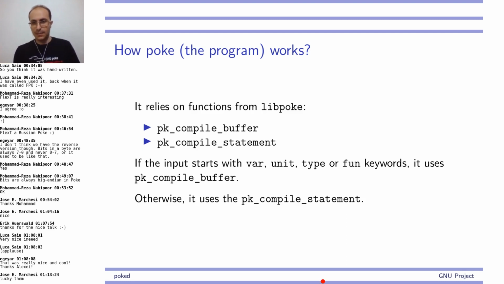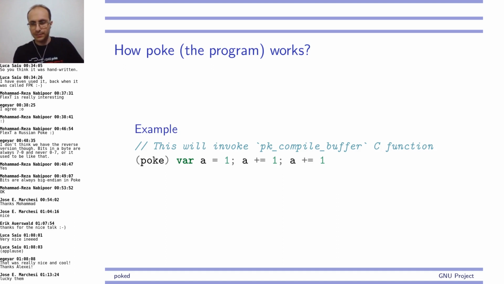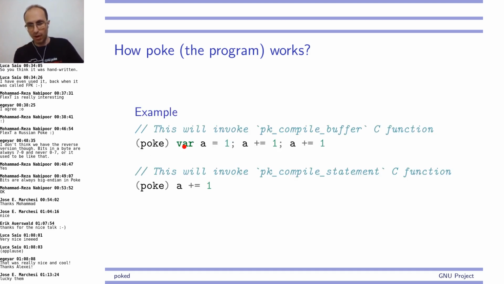And how does poke decide which function to choose? If the input starts with the var, unit, type, or func keyword, it gives the whole line to pk_compile_buffer. Otherwise, it gives it to pk_compile_statement. For example, here we have a line with one declaration and two statements, and it's valid. The whole line will be given to the pk_compile_buffer C function because it starts with var.